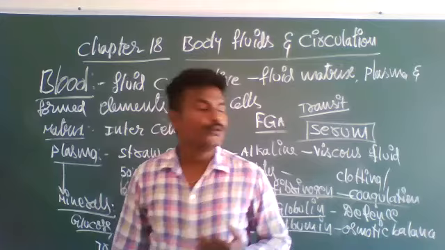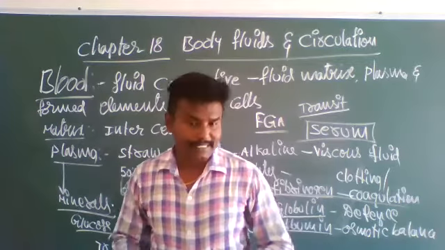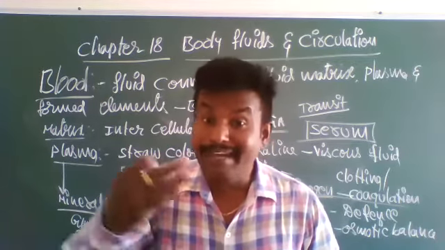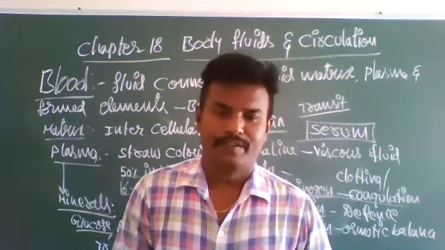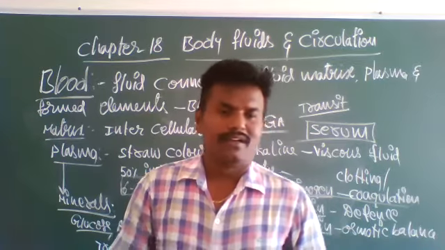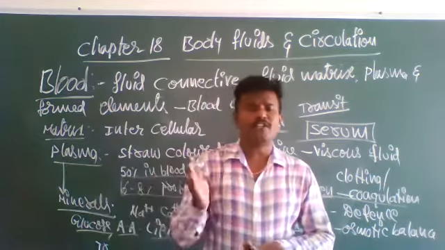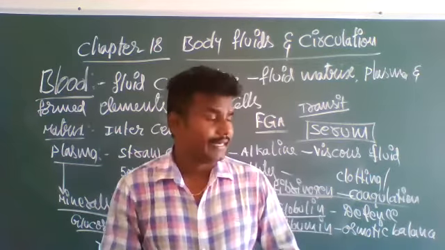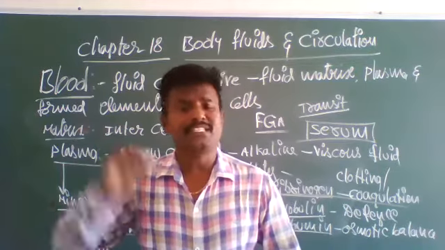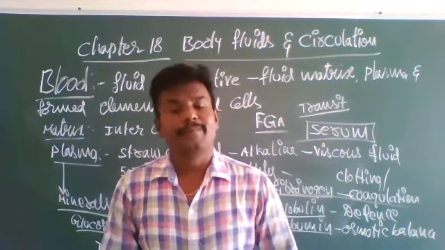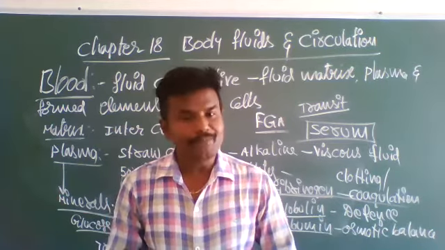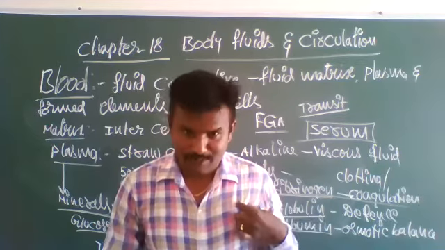See here, whenever you visit a doctor for any disease, at that moment the doctor will first suggest a blood test, urine test, or some other test. At that time, we visit the blood diagnosis lab, and they will take blood from our body.